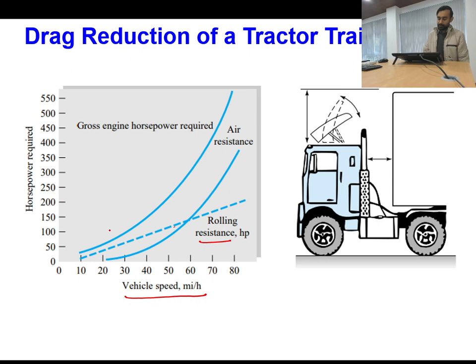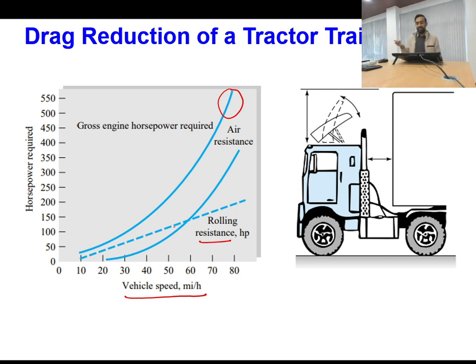Corresponding to this, whatever the gross engine horsepower needed, this is the curve for gross engine horsepower. Okay, so when the truck is moving at high speed, we have a parabolic increase in the power requirement of the engine, so there is a need to decrease the drag.